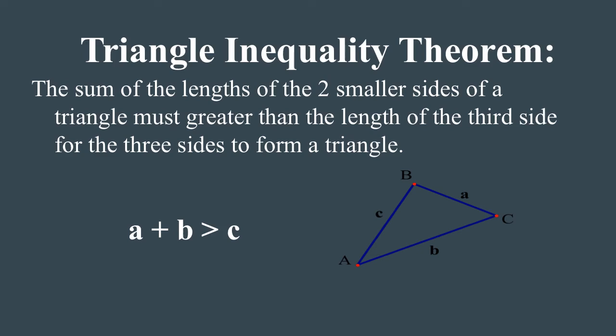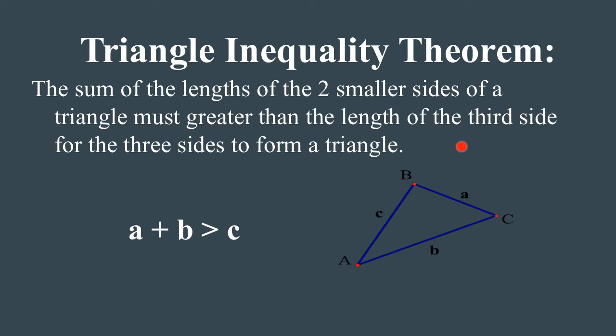So what we discover is that there is a theorem in math called the triangle inequality theorem. It states that the sum of the lengths of the two smaller sides of a triangle must be greater than the length of the third side for the 3 sides to form a triangle.